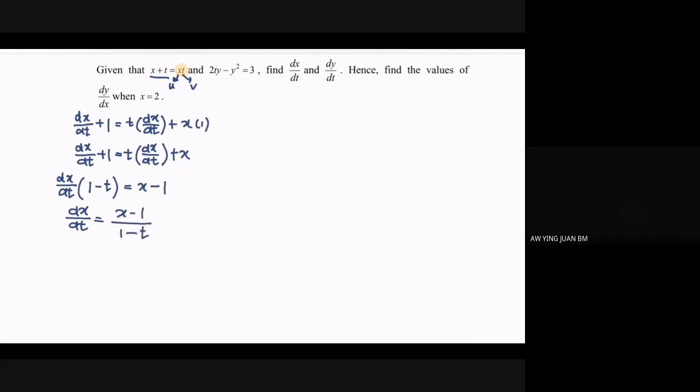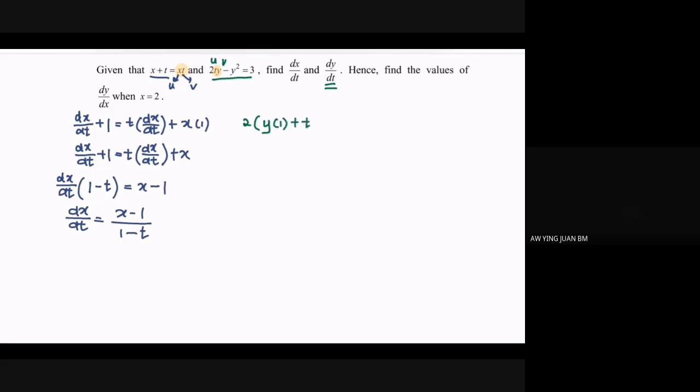Next, we're going to differentiate 2ty minus y squared equals to 3. The question asks us to find dy/dt, meaning that when we meet t or deal with t, just differentiate as usual. For this case, we're going to use the product rule. Let t be u and y be v. So bracket 2 bracket y, if we differentiate t, we'll have 1, plus we have t.